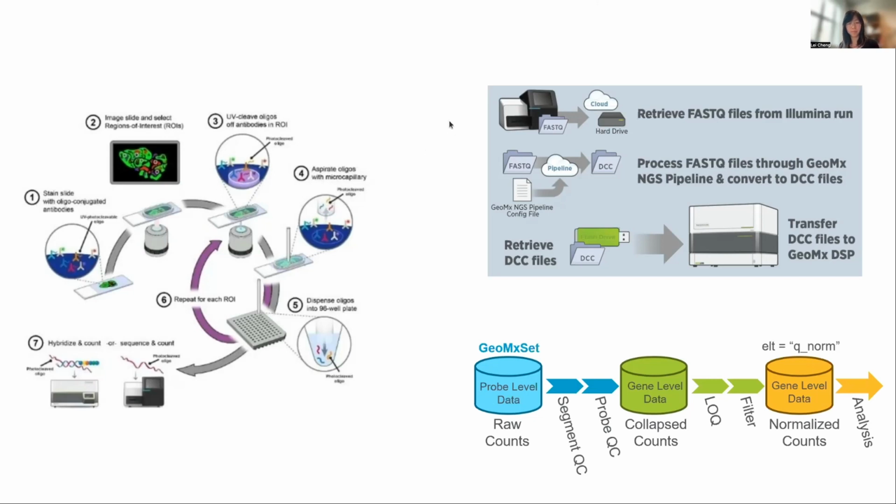And what happens after that is that when the sequencing machine finishes up its sequencing process, it makes a number of actually BCL files, which are then transformed into FASTQ files.